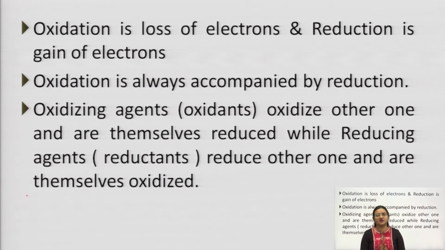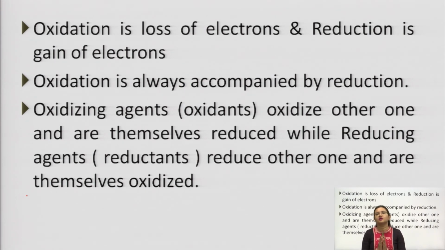This is the important thing to be monitored, that oxidation and reduction always happen simultaneously or always go hand in hand. अगर वहाँ पे कोई ऑक्सीडेशन नहीं है तो रिडक्शन भी नहीं होगा, ठीक है. Oxidation is always accompanied by reduction and reduction is always accompanied by oxidation.